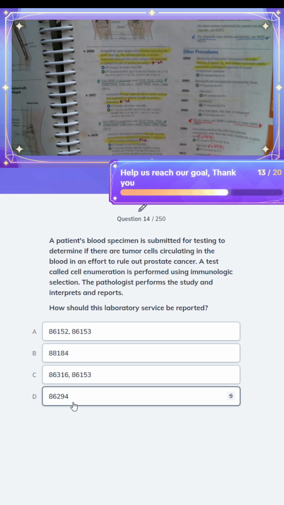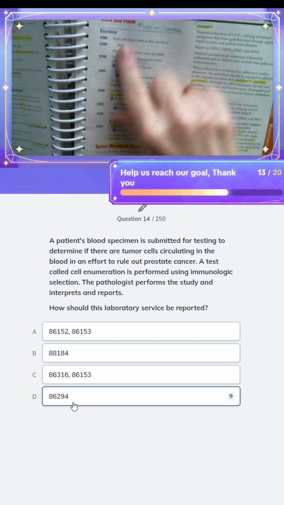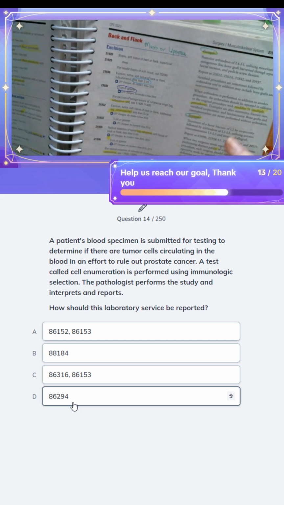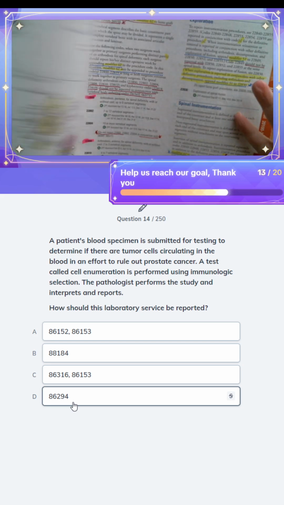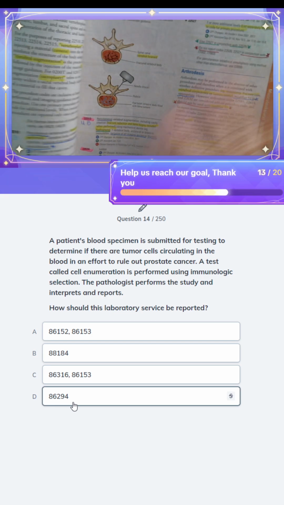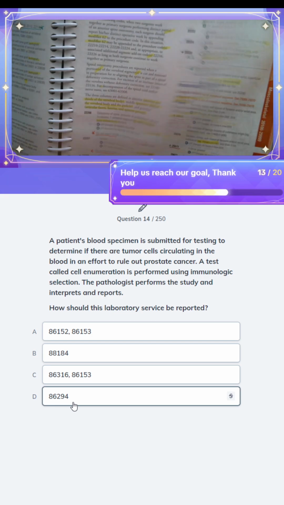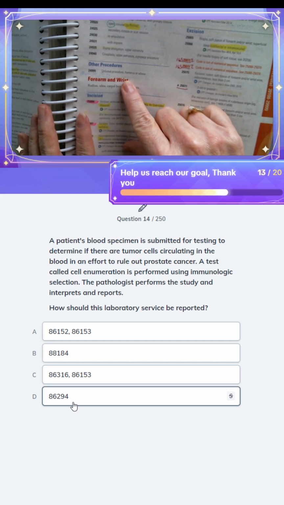Am I doing knees? Am I doing the back? Am I doing the spine? What body part am I under? Look for your red headers first. And only those codes under that particular red header are only dealing with the forearm and wrist.